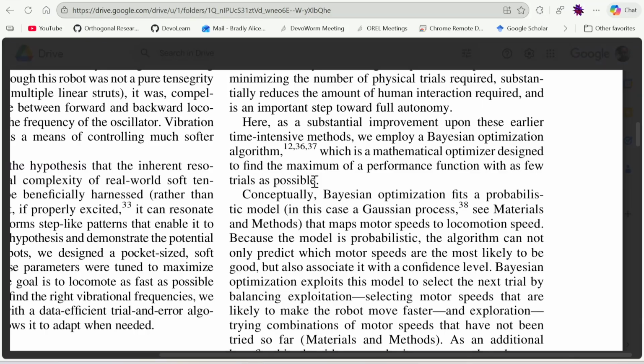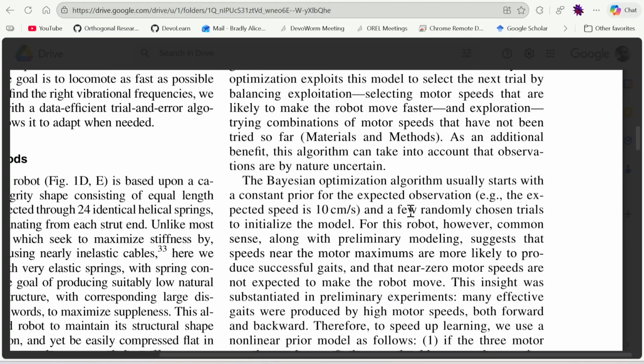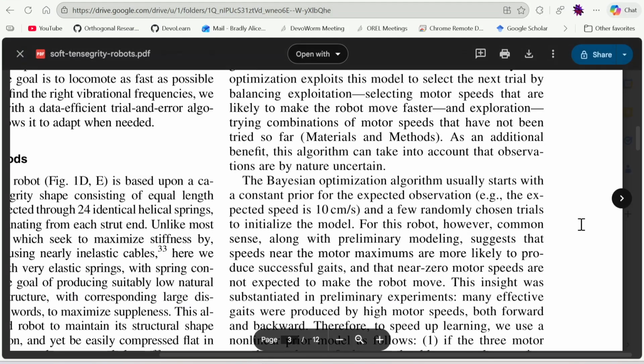They want to find something that's very efficient in terms of learning, or at least in terms of getting coordinated on its substrate. What's interesting about Bayesian optimization as opposed to some other form of probabilistic optimization is that Bayesian optimization starts with a constant prior for the expected observation.